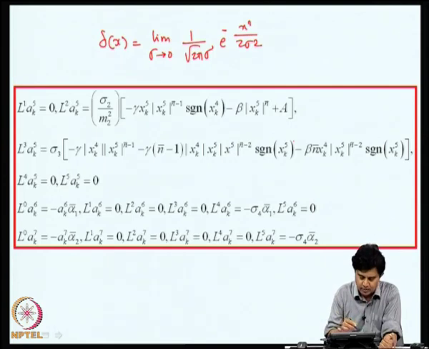But we could as well ignore the presence of these Dirac delta functions in the actual simulations, but you can account for them through this approximate method.